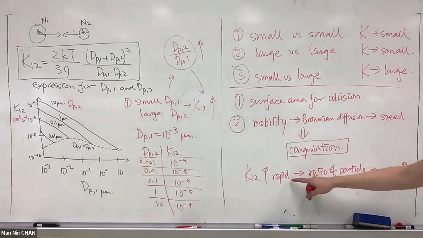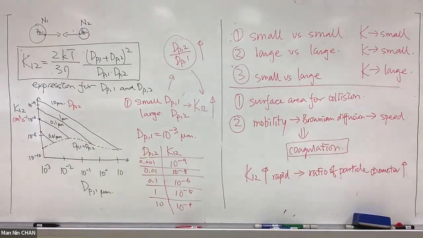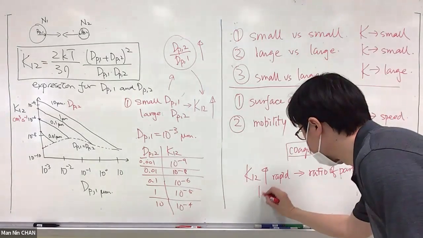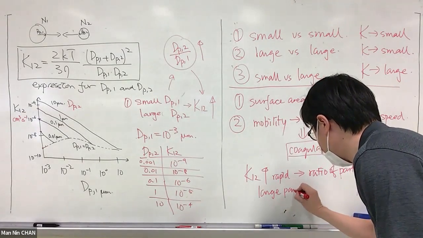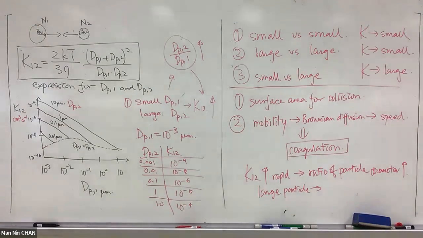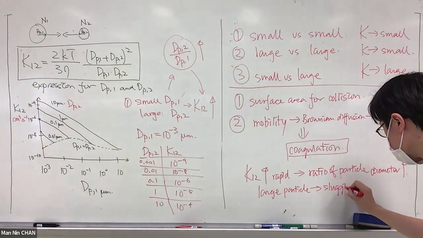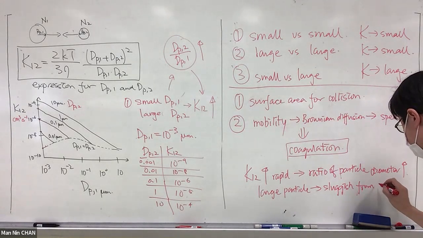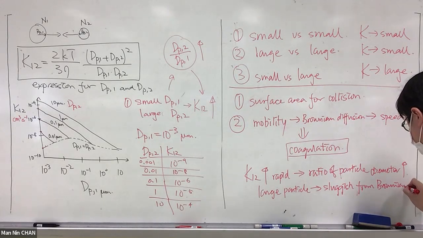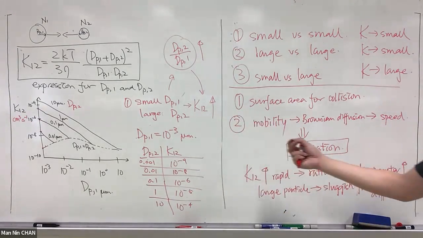So therefore, you can see this is related to the ratio. Overall, this is due to the synergy between the two particles. Does it make sense? The large particles you can have around, but they are what we call sluggish, right? They don't move around quickly.